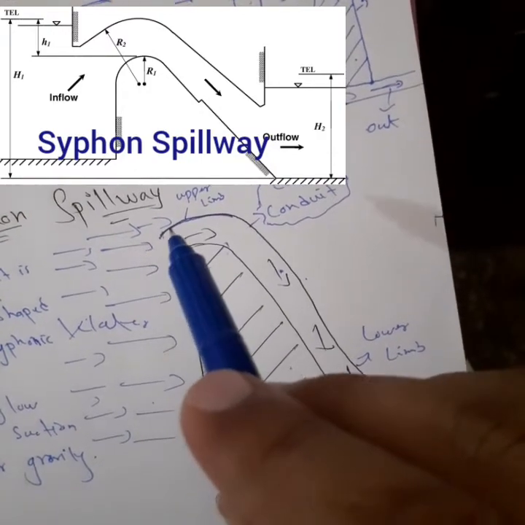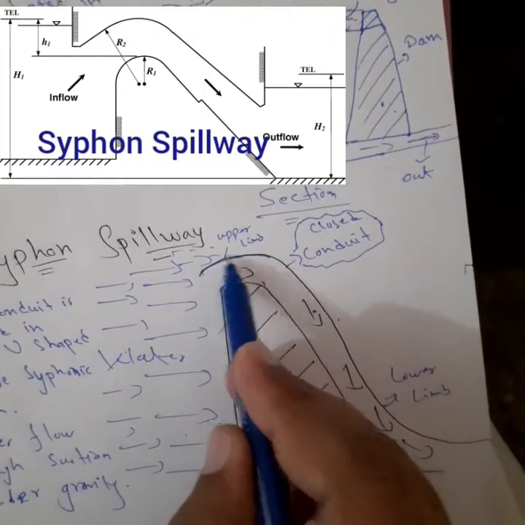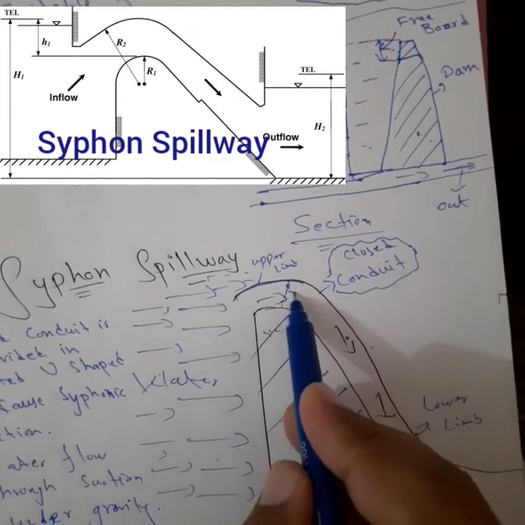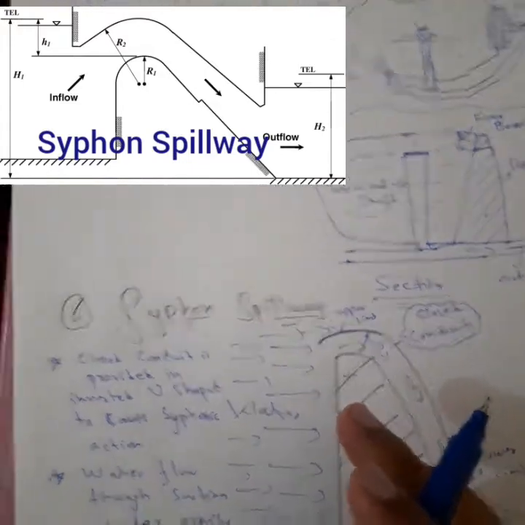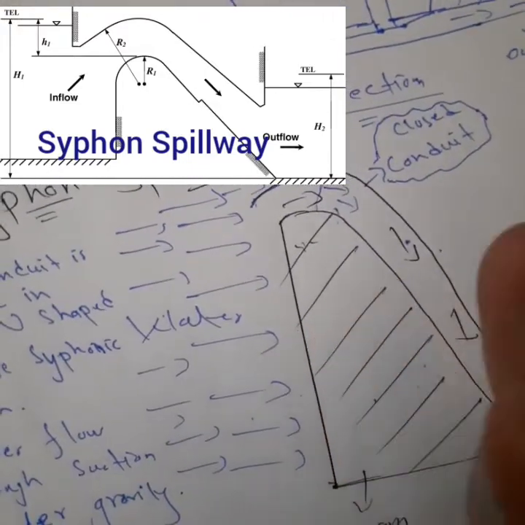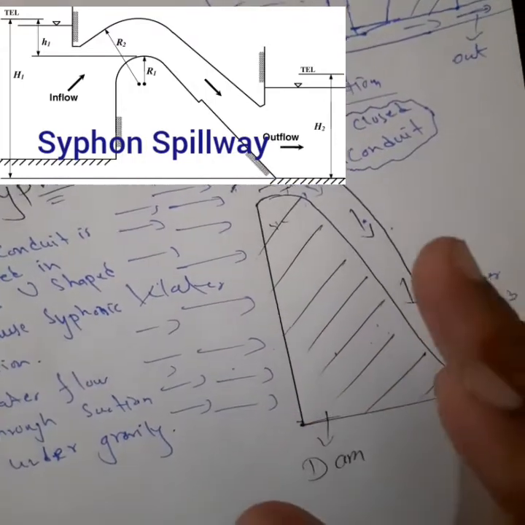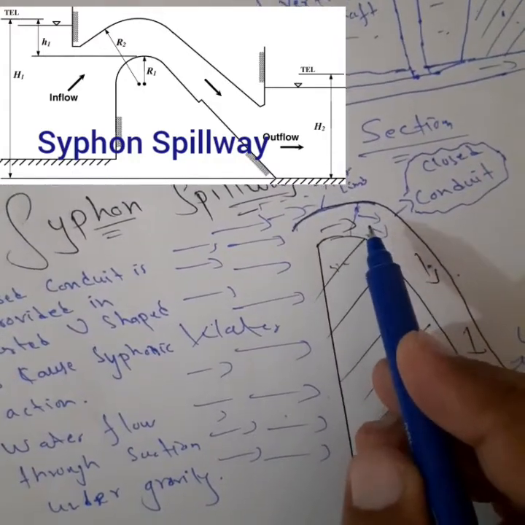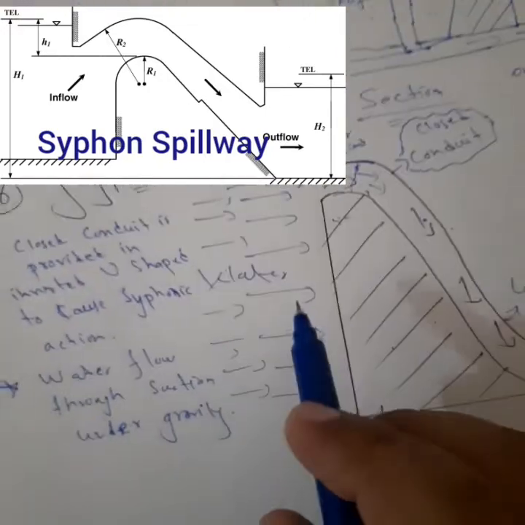When the water goes beyond this top level, suction is produced here. You may know about siphon: in the siphonic phenomenon, the water flows through gravity action due to the suction of air. Here a difference of pressure occurs, that's why the water flows continuously.